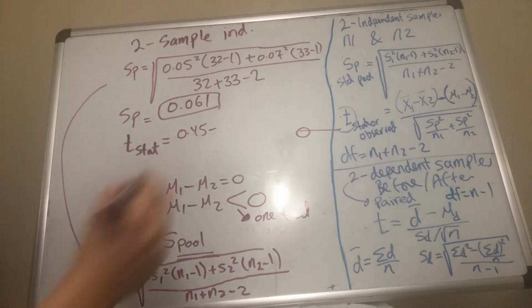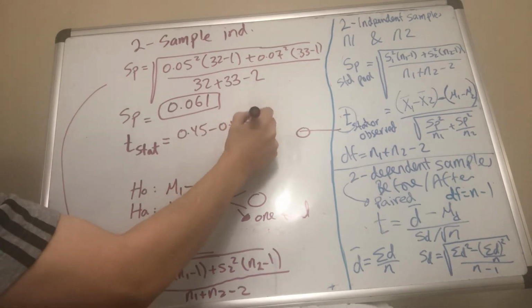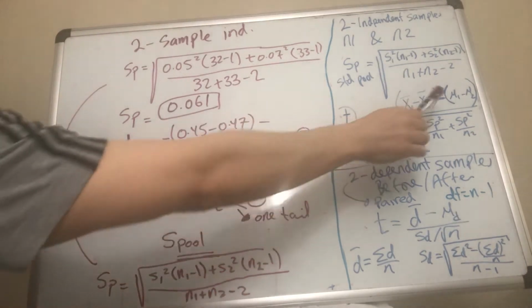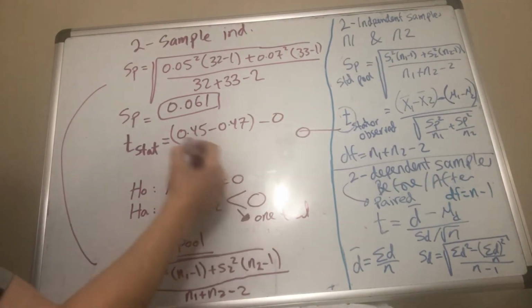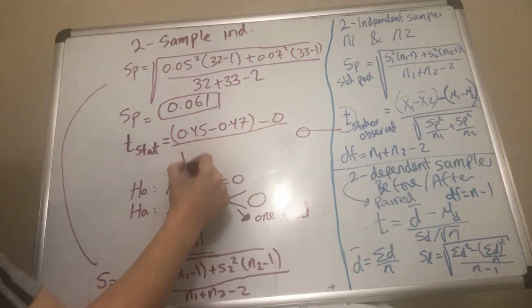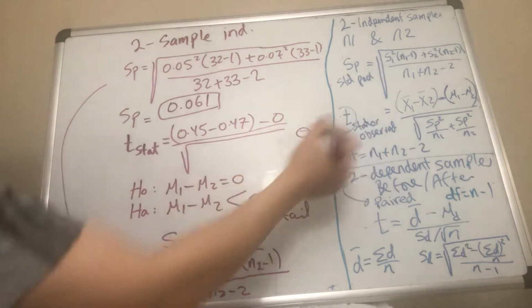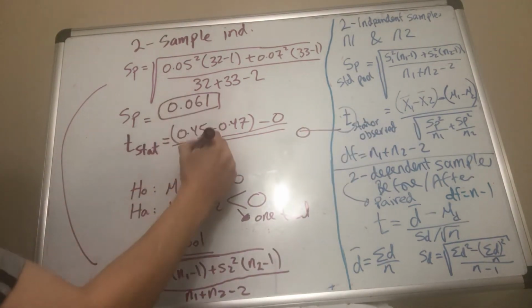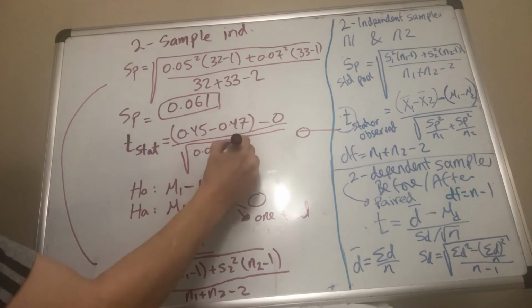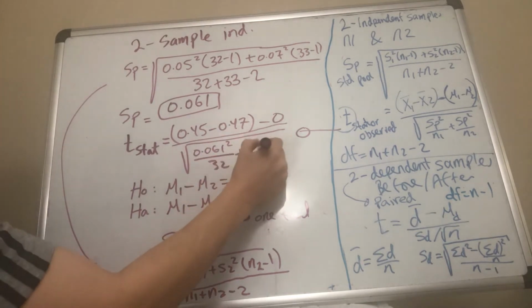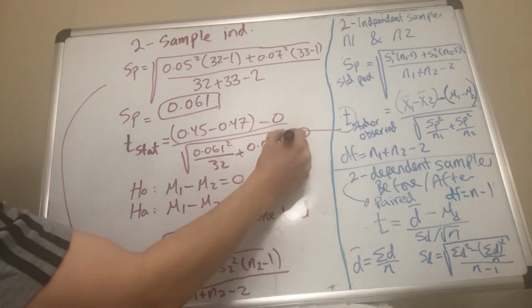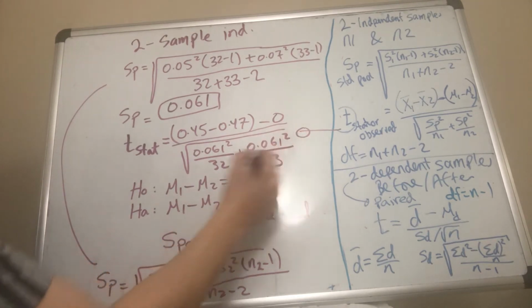Average of group 2, that would be 4.7. Then you have mu1 minus mu2. That's 0. Square root. You need the standard deviation pool, which is the one we did. You square it over the first sample, and you square it again over the second sample.